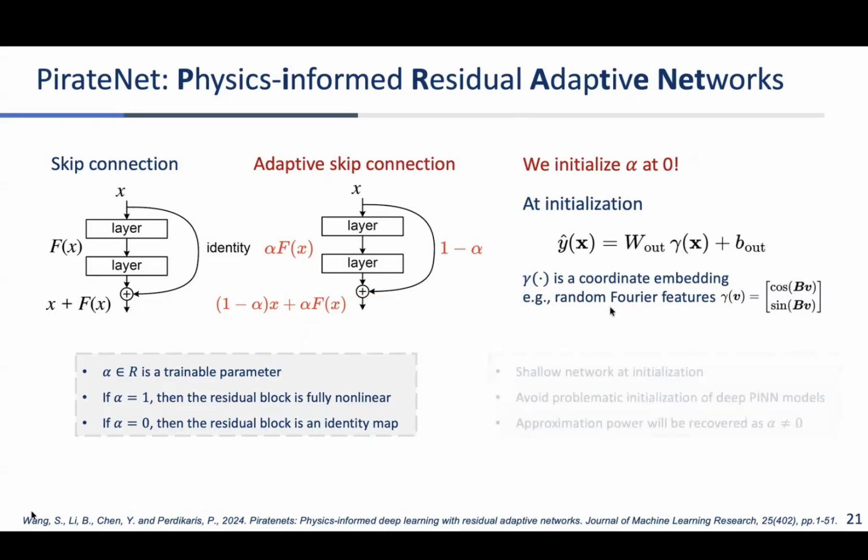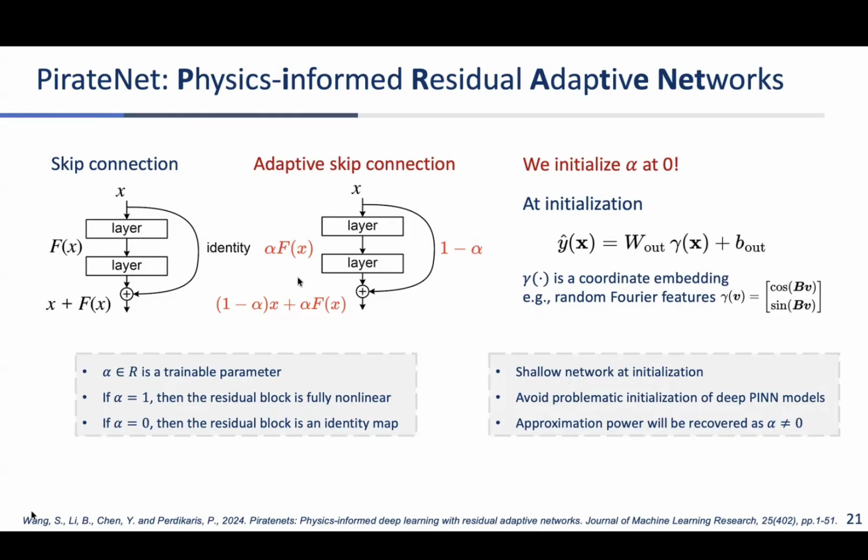This essentially gives us a very shallow network initialization, and by doing that, this really avoids the problematic initialization of deep PINN models. And due to the trainability of these alphas, they will become non-zero during training, then the approximation power and the network depth will be recovered during training, and the network will learn the required nonlinearity by itself. So that's the whole idea of PirateNets.